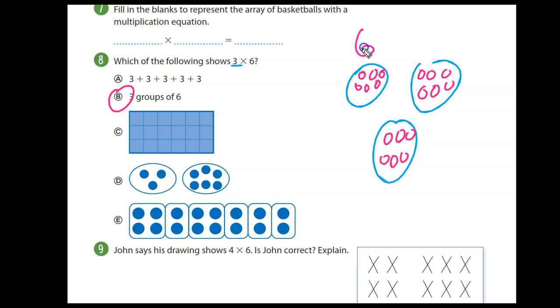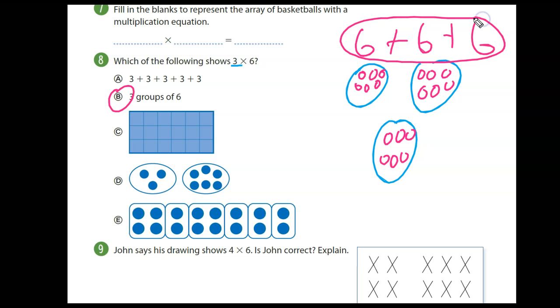This would be 6 plus 6 plus 6. So does A work? No. This is what I would need: 6 plus 6 plus 6. So it's not A, and it's not D or E.